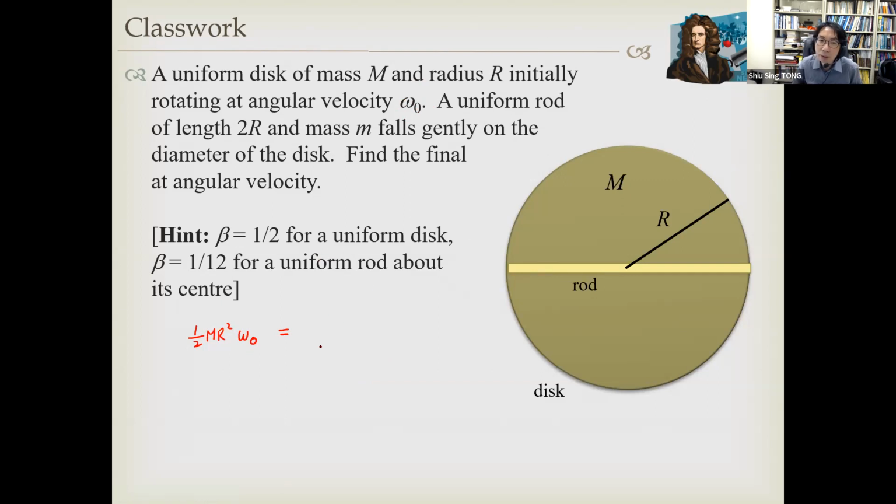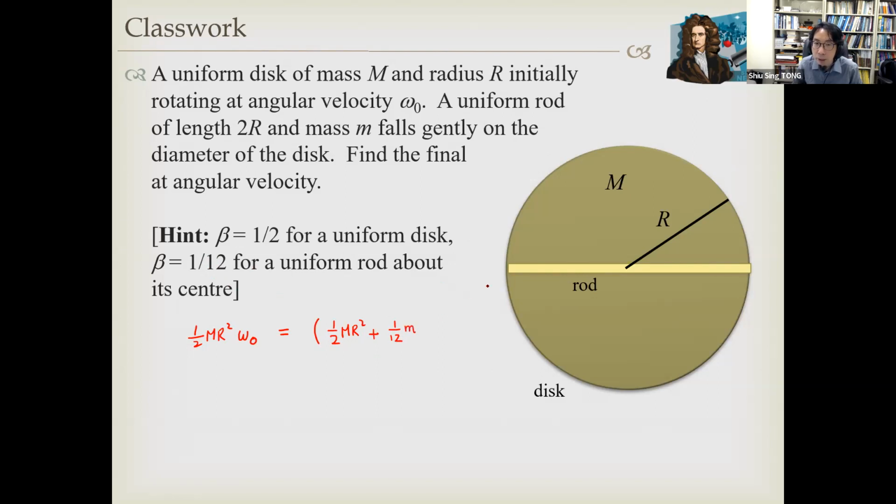Finally, I have the rod and the disk rotating as a whole, right? They move together. The moment of inertia of the disk doesn't change. It's still half mr squared. But now I have the rod, and the rod has a moment of inertia about its center of 1/12 mr squared.